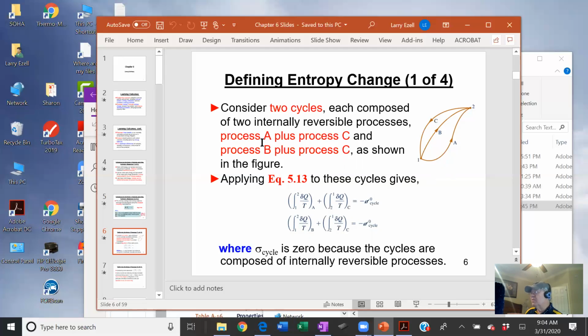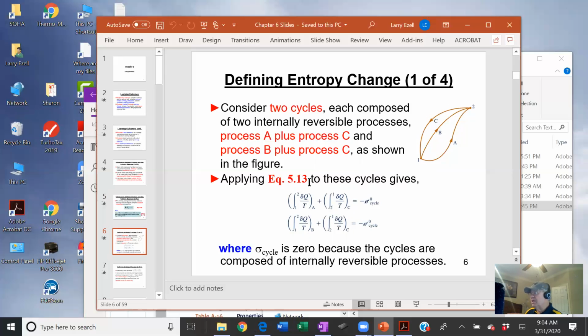Let me start that over. Process A plus process C: we go through process A, and go back through process C. Now look at process B plus process C: we go through process B, and we come back through process C.